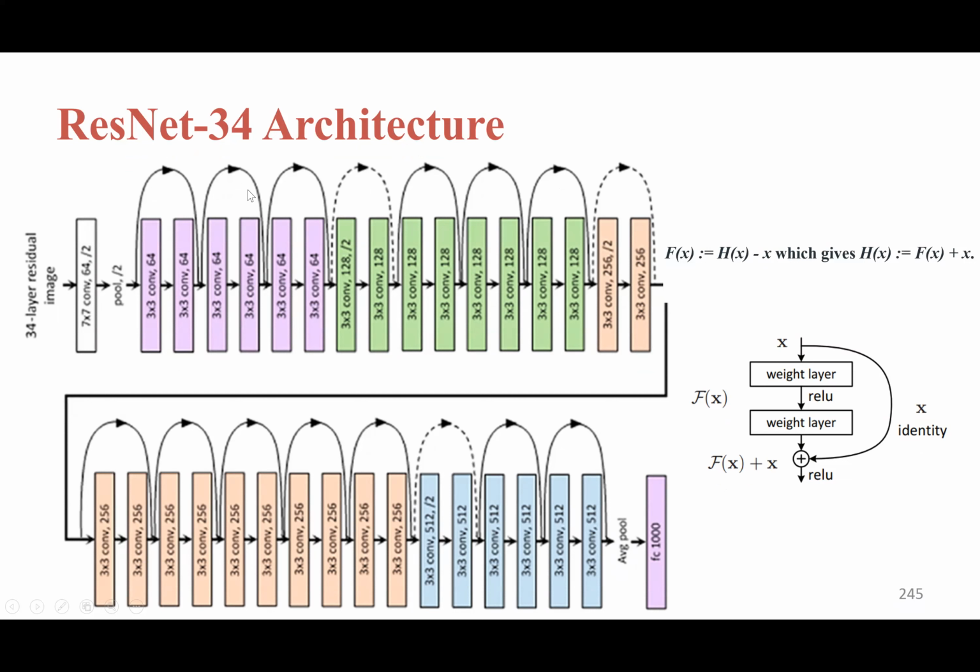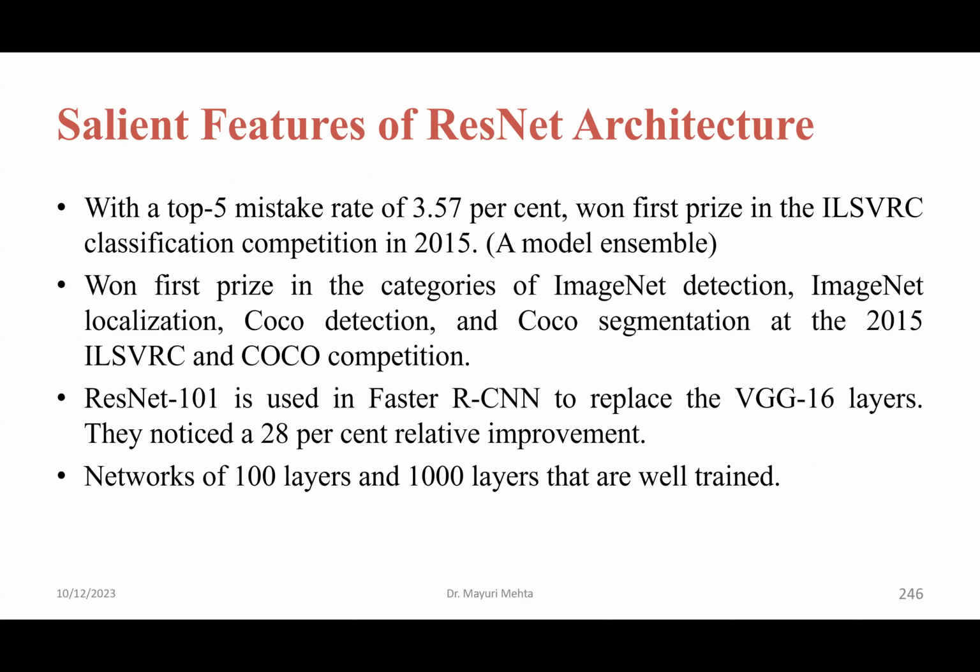But ResNet 50, ResNet 101, several versions of ResNet are also available. The main idea is to overcome the problem of vanishing gradient, skip connections are used. That is the only distinguishing characteristic of this ResNet. So these are the salient features of ResNet architecture.